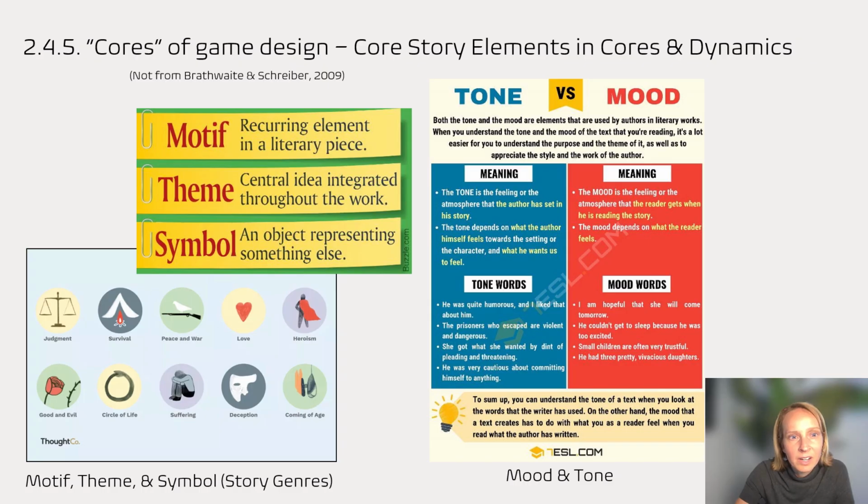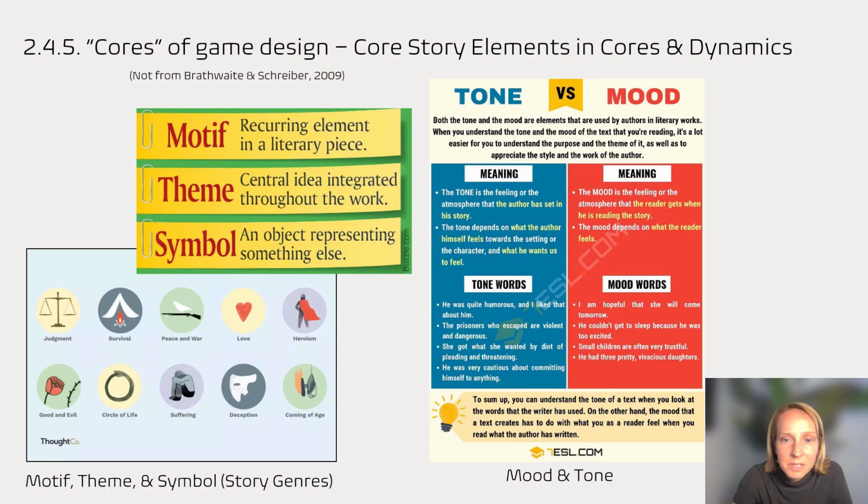To help define a few of the terms, a tone is the author or designer's feeling towards a theme, and you can see an example up front on the slide. They were talking about tone as the feelings or the atmosphere that the author sets in the story, and a mood is what the player, or the story reader, gets after playing it.